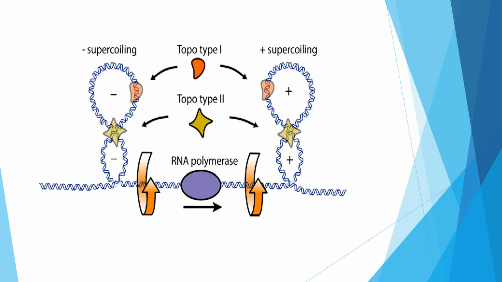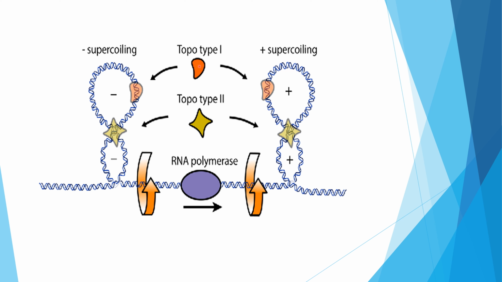In positive supercoiling, DNA twisting occurs in a right-handed fashion and winding occurs in the clockwise direction. In negative supercoiling, twisting occurs against the helical conformation and winding occurs in the counterclockwise direction.